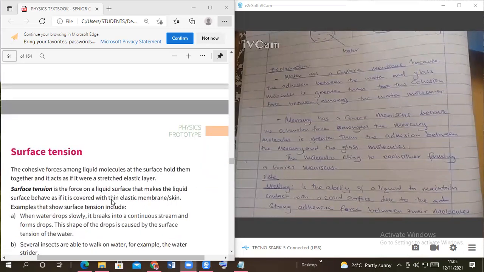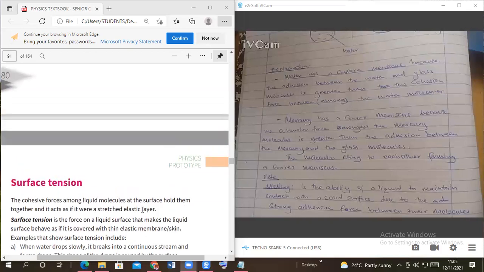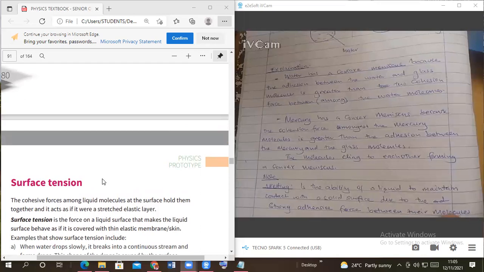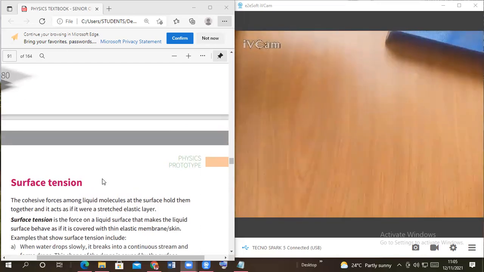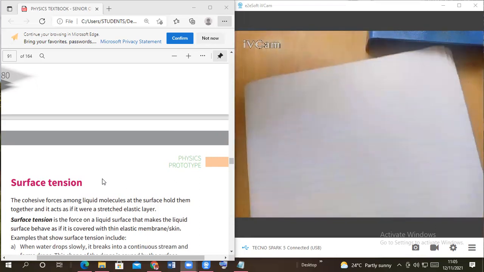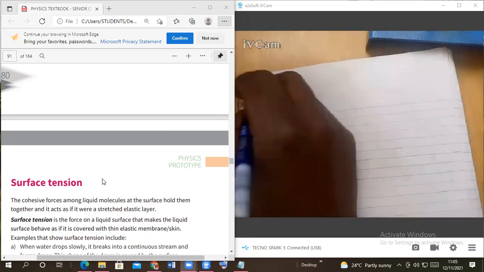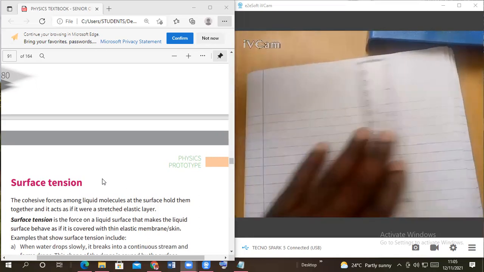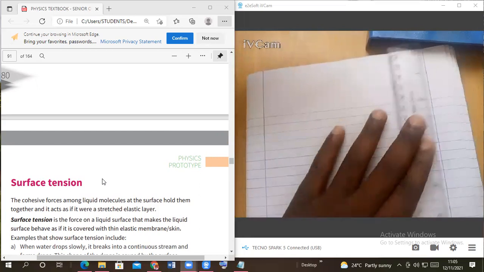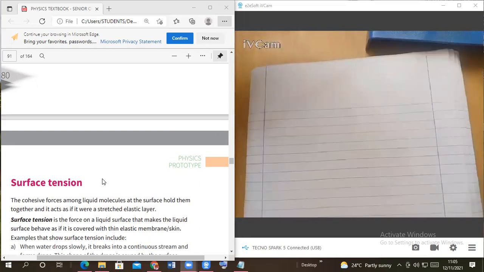So when you come back in the next session, if you have a question, you can ask, but when we come back, we are going to look at surface tension. Are we together? And we are going to be maybe able to see one video, and then we see what surface tension is. So do you have any question?